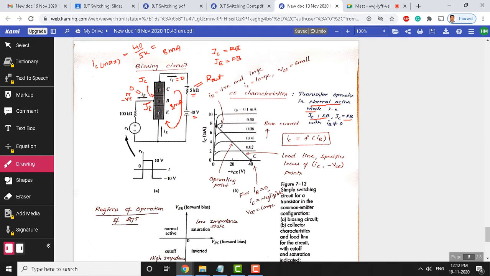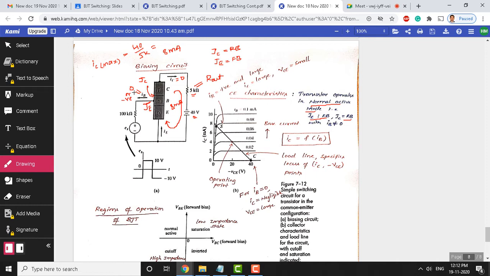So the complete 40 volts that we applied appears across the collector and emitter. Let us be specific: it appears across the reverse biased junction between the collector and base.